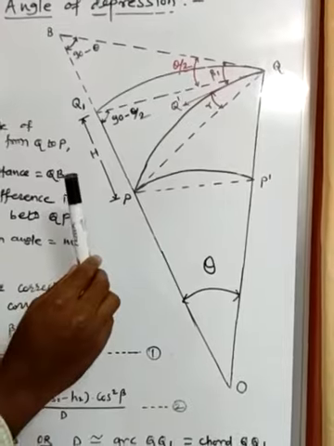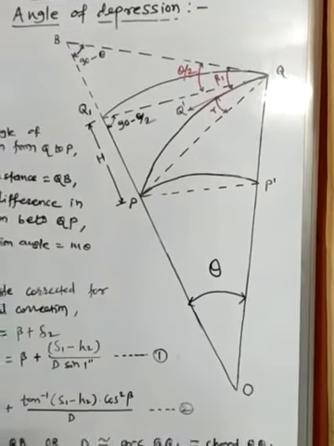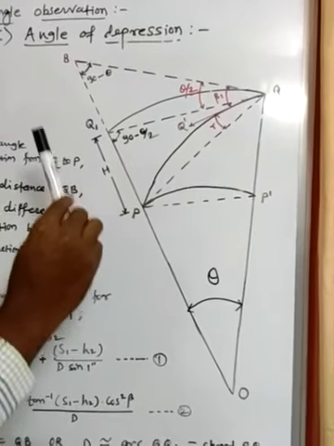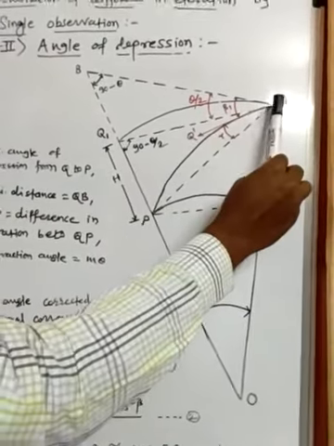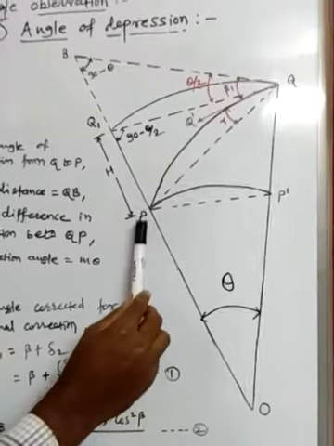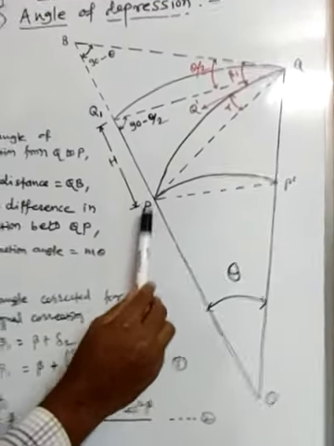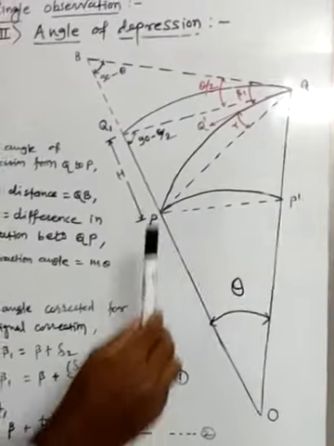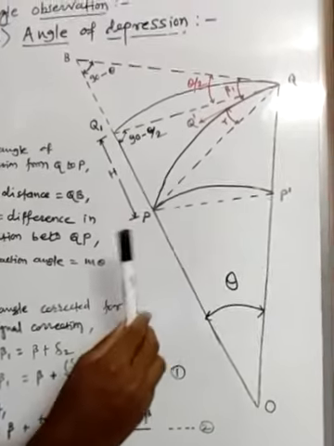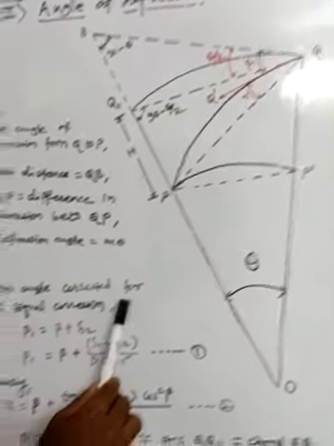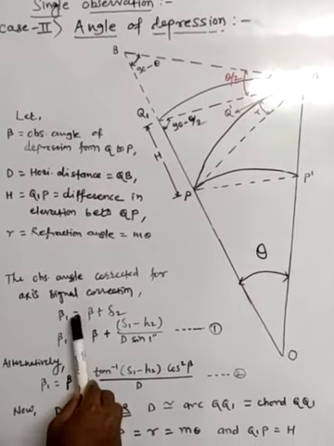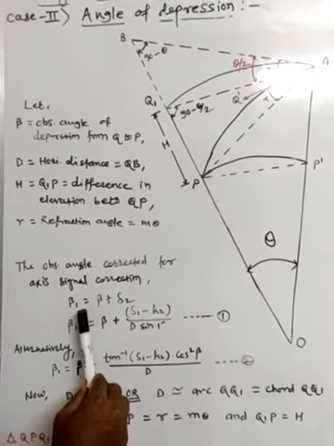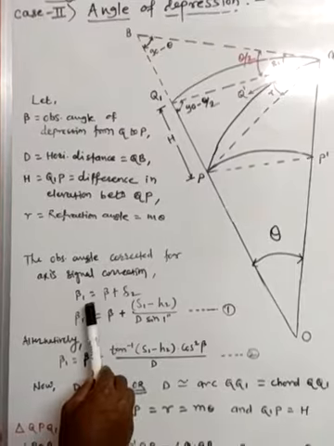in identical form. Then, for the angle of depression, you have to consider it from the top of the object to the bottom of the particular object. This angle will be corrected by the observed angle corrected for axis signal correction, as seen in our part on trigonometrical leveling and terrestrial refraction.